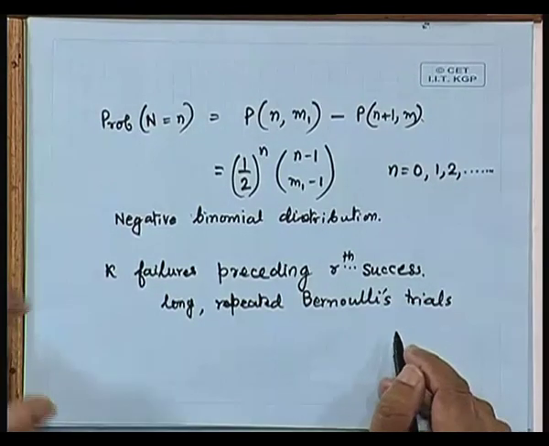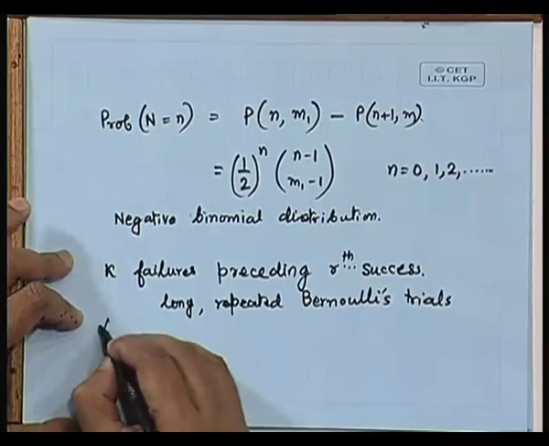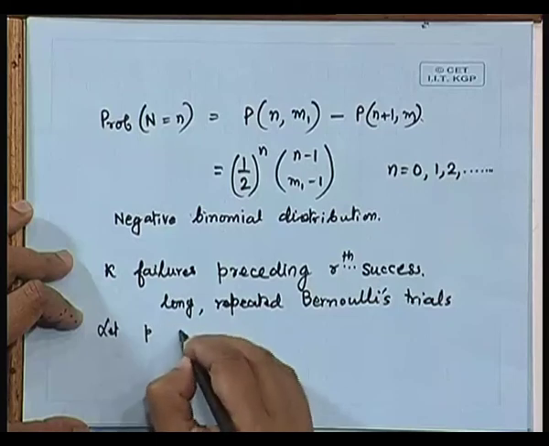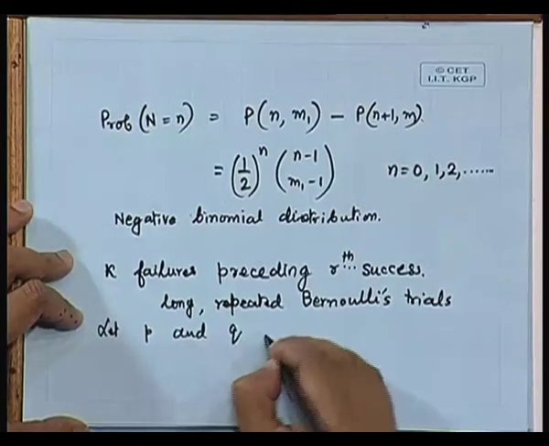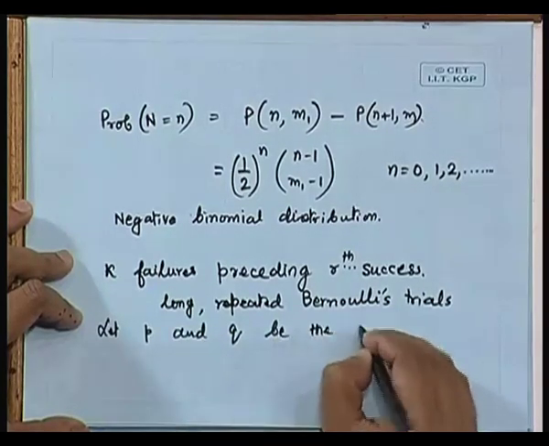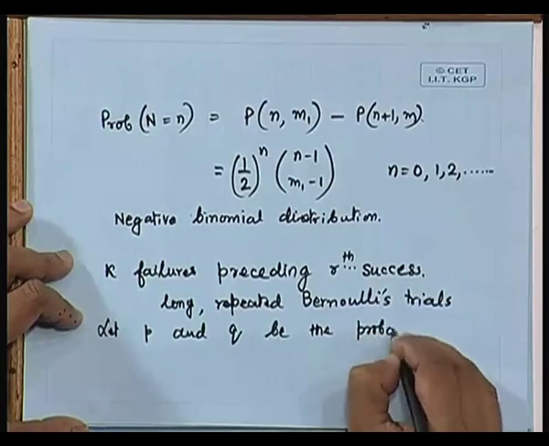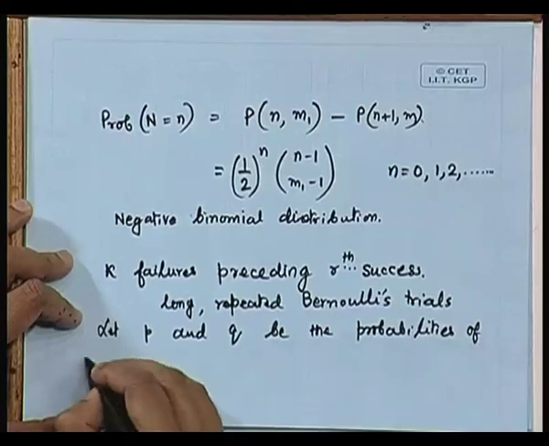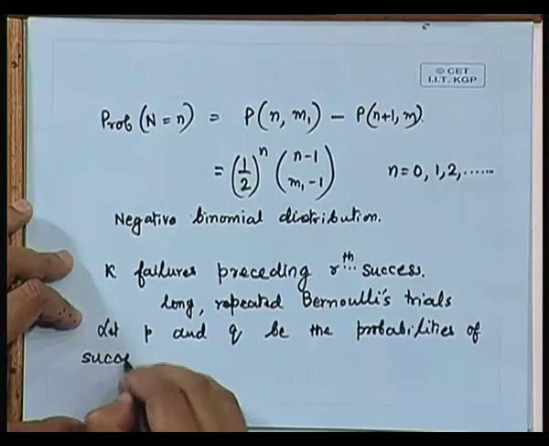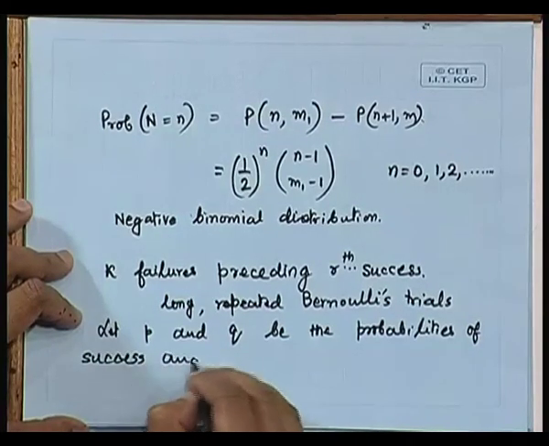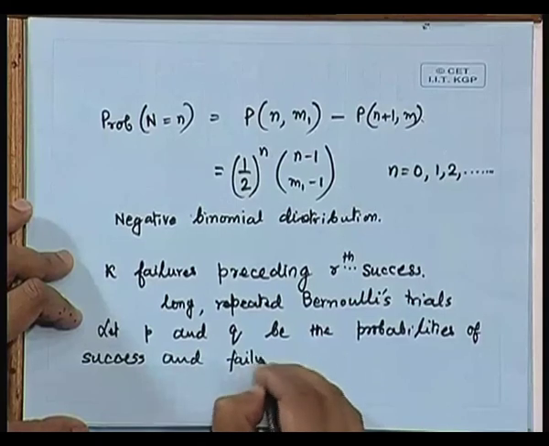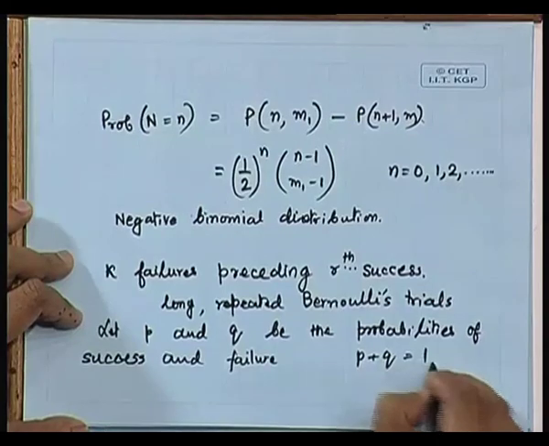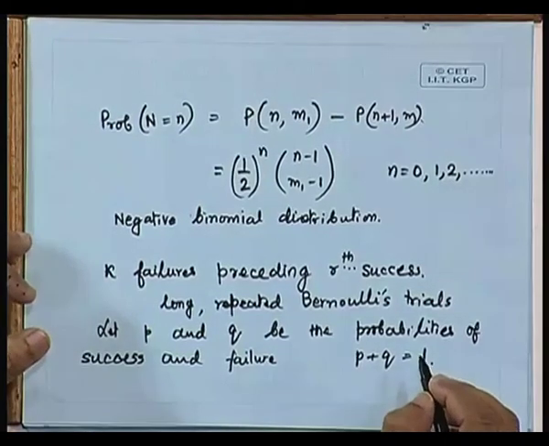Let us define two probabilities P and Q, the probabilities of success and failure. Necessarily, P plus Q should be equal to 1.